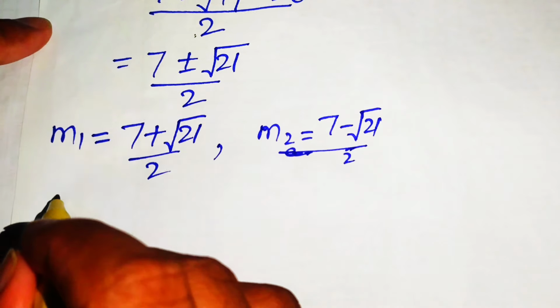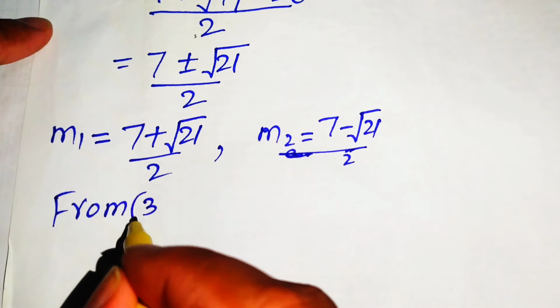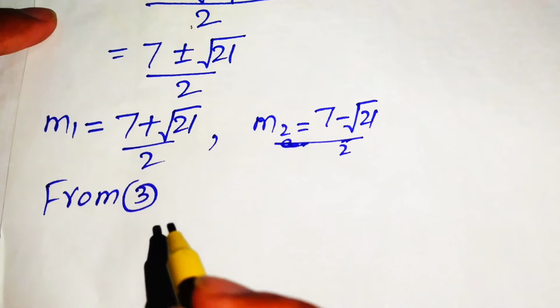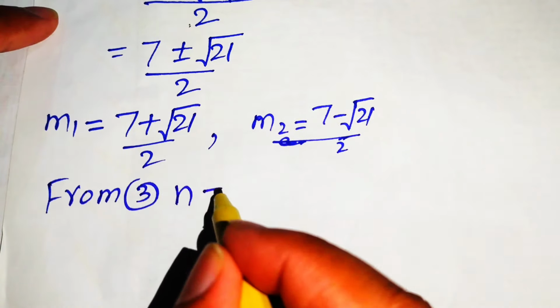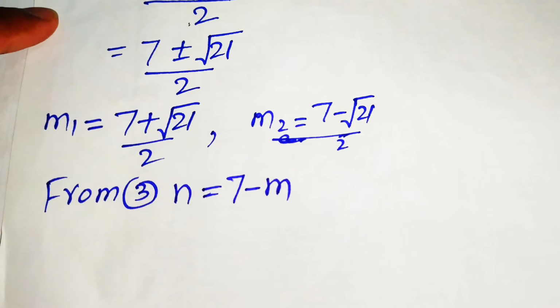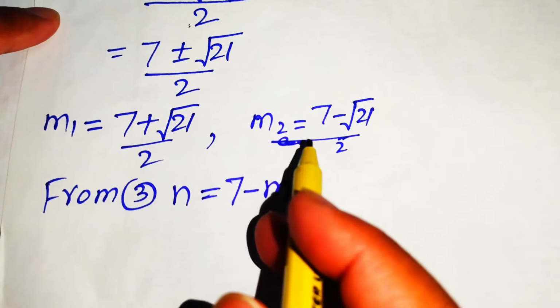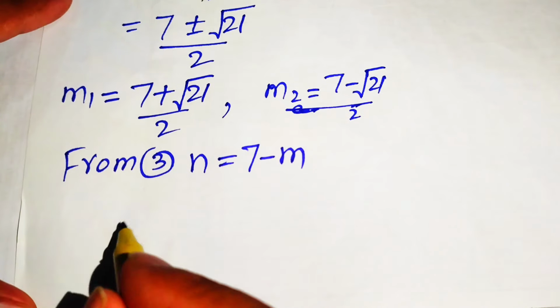Here we copy down equation number 3: n equals 7 minus m. We substitute both of these values one by one.